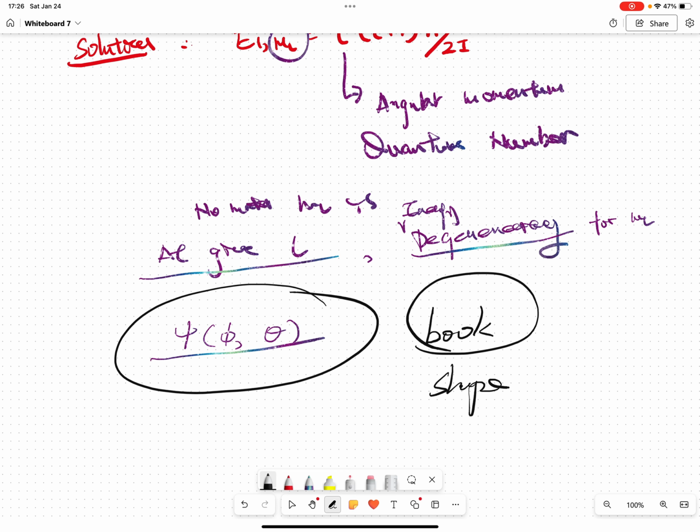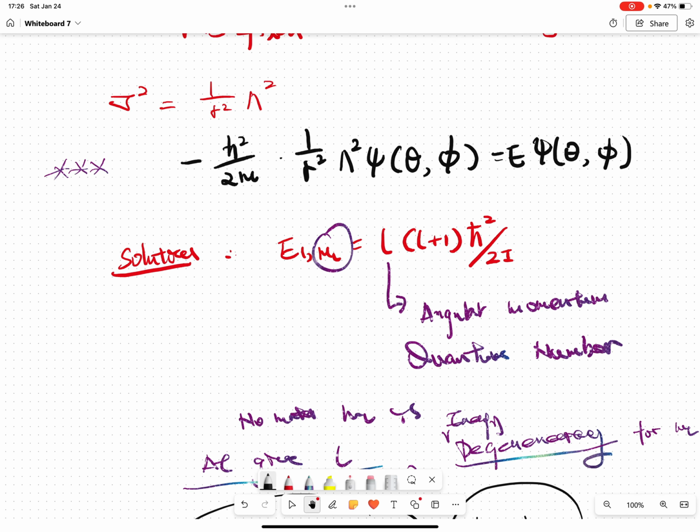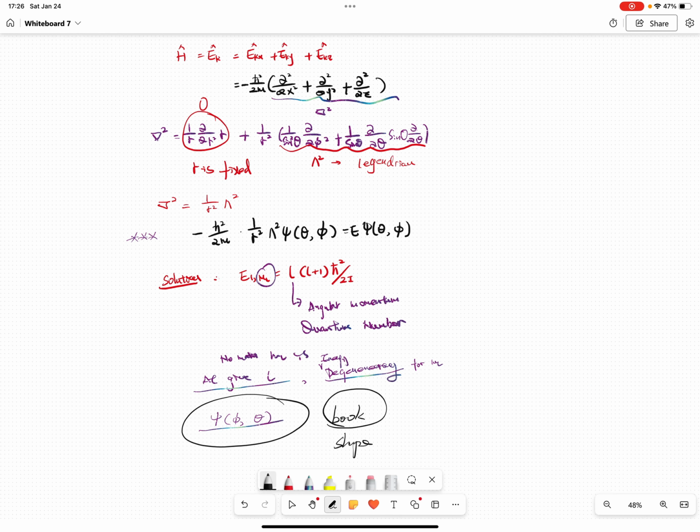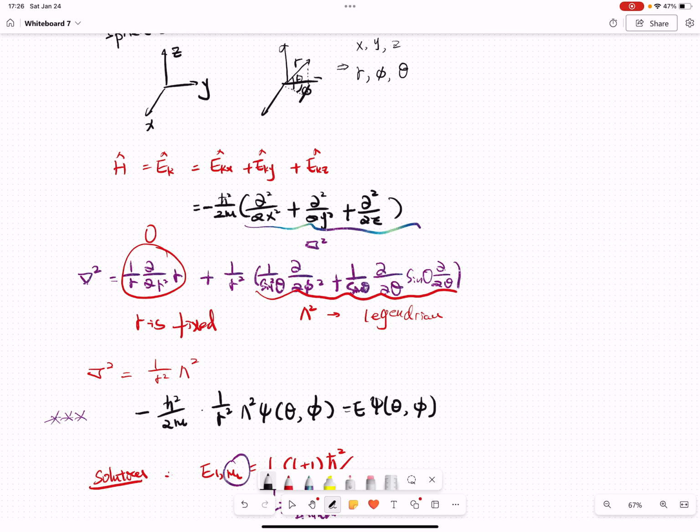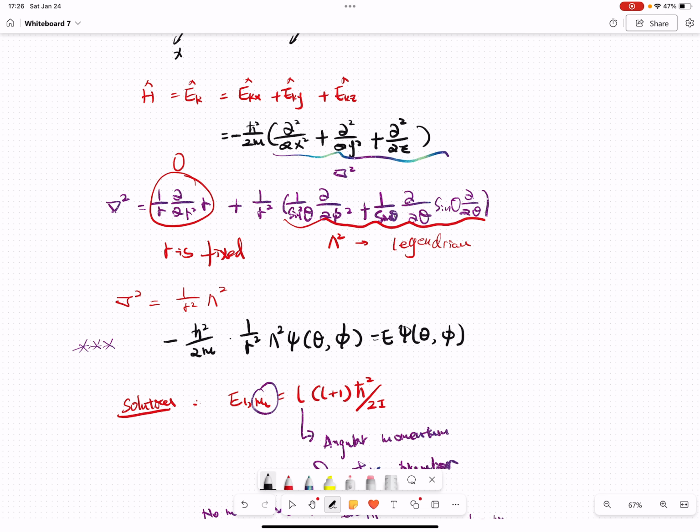Beside that, once you have three dimensions, a particle on the sphere, you're going to use spherical coordinates. Then we still apply this energy operator on the wave function and put it in the Schrodinger equation. That's how you get the answer.